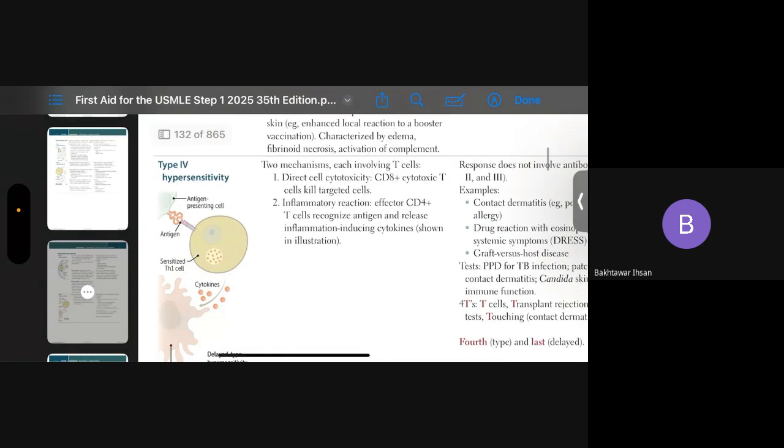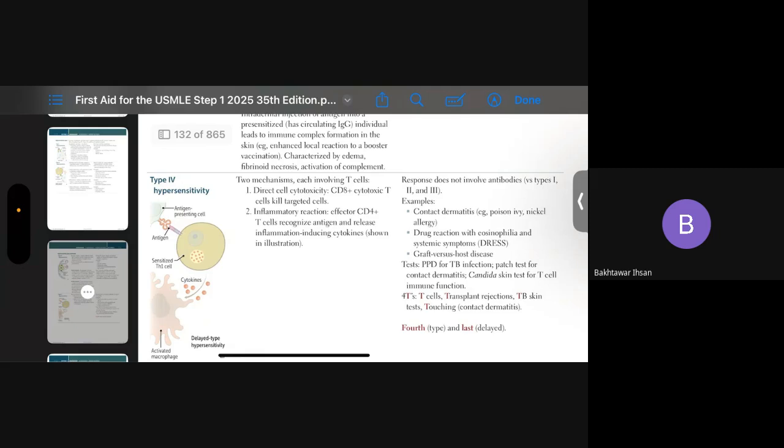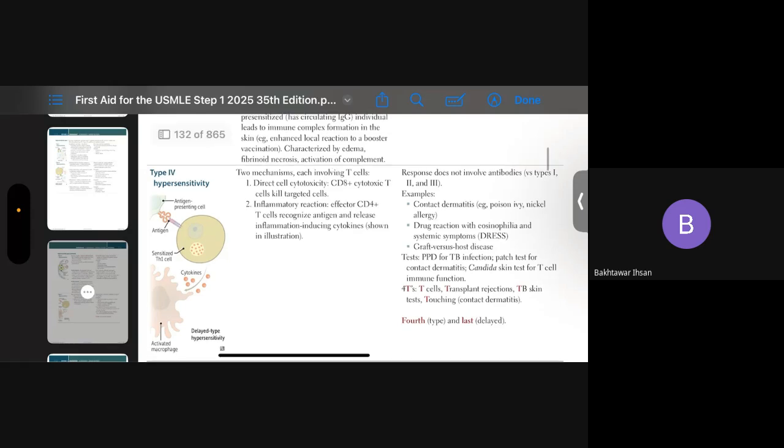Let's just come to our last hypersensitivity, which is type 4 hypersensitivity. Whenever type 4 hypersensitivity comes to your brain, you should think of T cells. So we have direct cell toxicity by CD8 positive cytotoxic T cells, and inflammatory reaction via CD4 T cells recruiting your macrophages. That's really important as well.